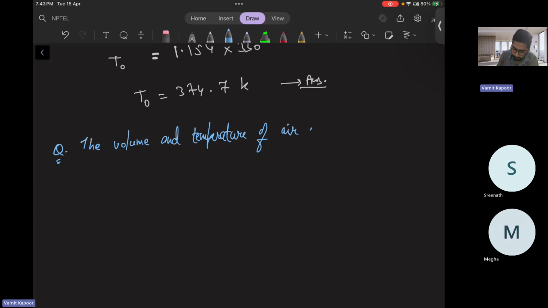In a closed vessel, the volume of an ideal gas is 2.87 meter cube and the temperature is 300 Kelvin respectively.